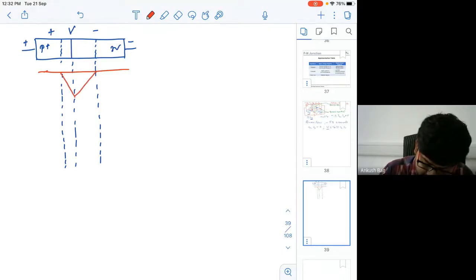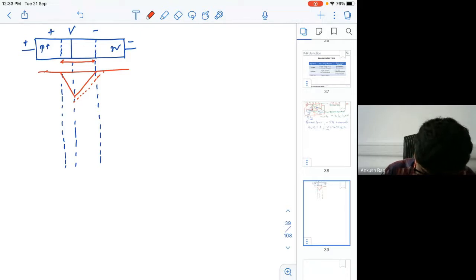This is the electric field distribution, similar to what we saw in the equilibrium condition, but the changes are in the peak electric field as well as the depletion width, because the depletion region XD will reduce under forward bias, since this PN junction is now forward biased.